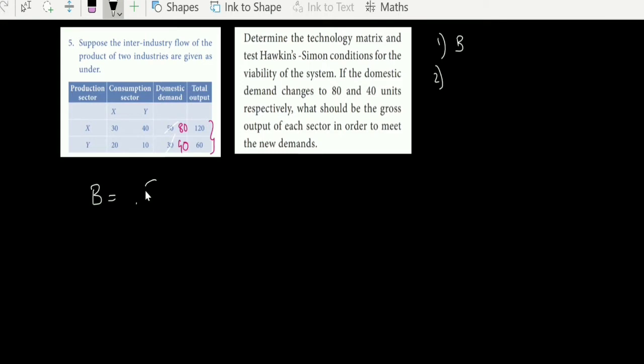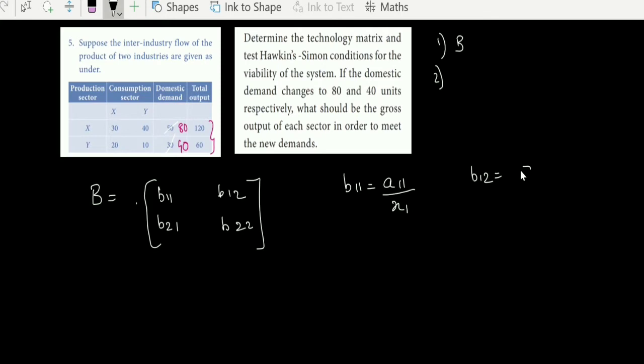So first let us find the matrix B. To find the matrix B, let us write it as B11, B12, B21, B22. This is the matrix B. Now B11 is A11 by X1. B12 will be A12 by X2. What is A11?